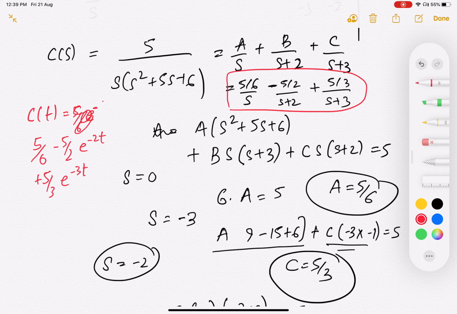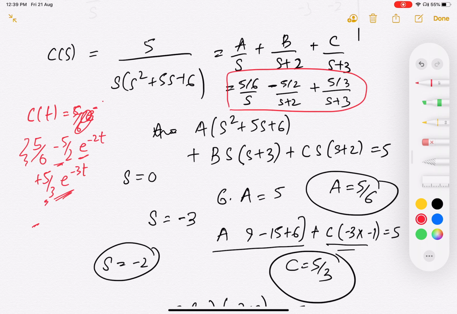So this is the sum of one constant term plus two exponentially decaying terms, which both will finally decay to 0. So this is 5 by 3 e to the power minus 3t, whose final value is 0, starts with 5 by 3, and minus 5 by 2 e to the power minus 2t, whose final value is equal to 0. So the response is supposed to start from.